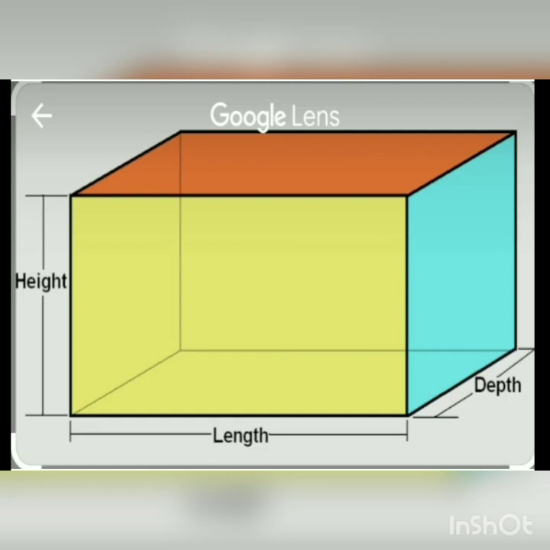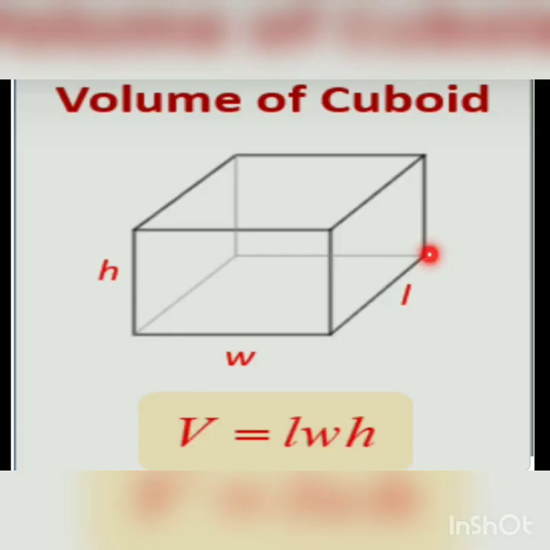So what will be the volume of a cuboid? It is length into width into height. So volume of a cuboid is length into width into height. Instead of width, if it is breadth also, no problem. Whatever the three dimensions are, the volume is length into width into height.